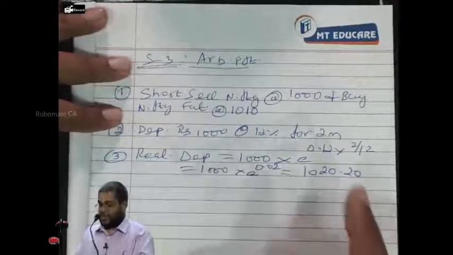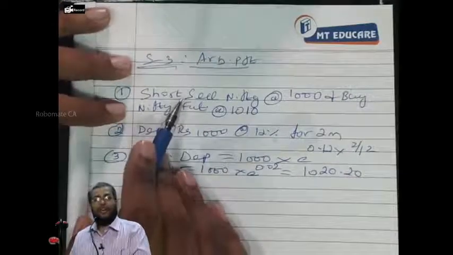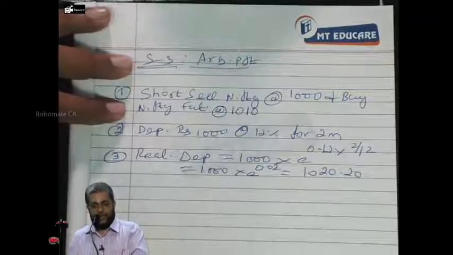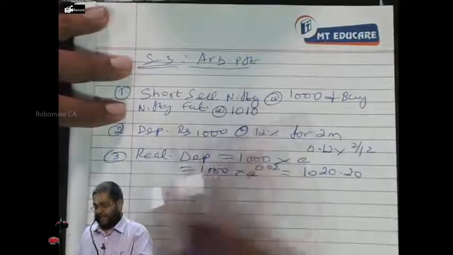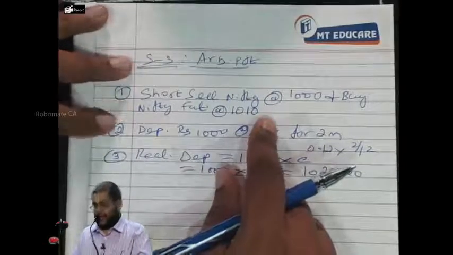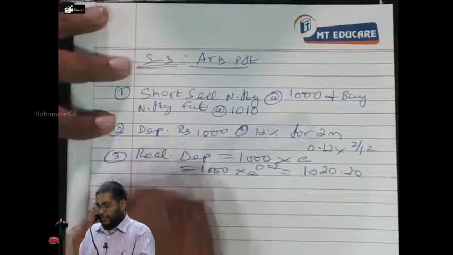No. I have short sold Nifty, so I have to buy back and close my short position. I should buy back Nifty. Now, I'll buy Nifty by exercising my futures contract. Write down. Next, point number 4.